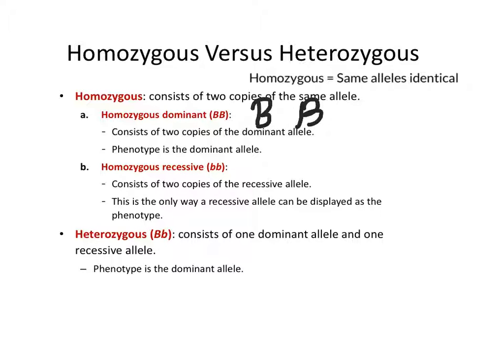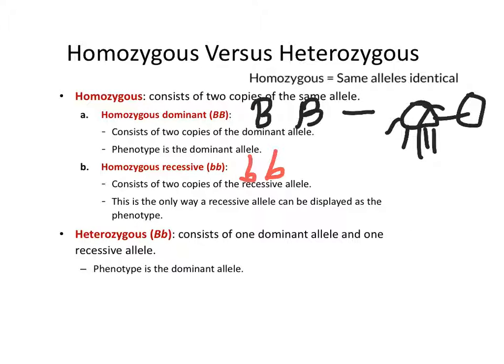Okay. You could also, of course, have an individual that's homozygous recessive. If this was a dog and large B was the dominant for black coat and small b was the recessive for brown coat, and you had two small b's, you would have a brown dog. So here you would have a black dog, and here you would have a brown dog.